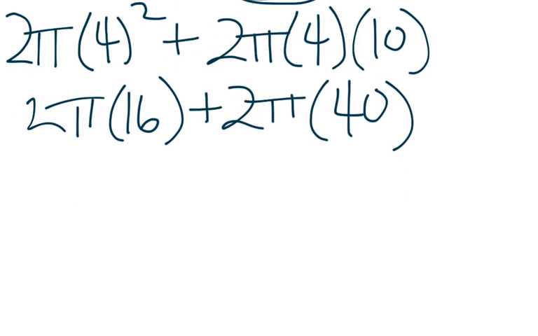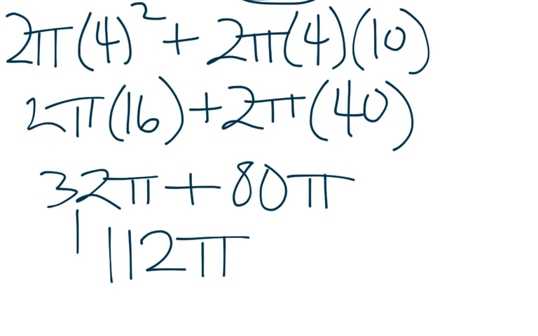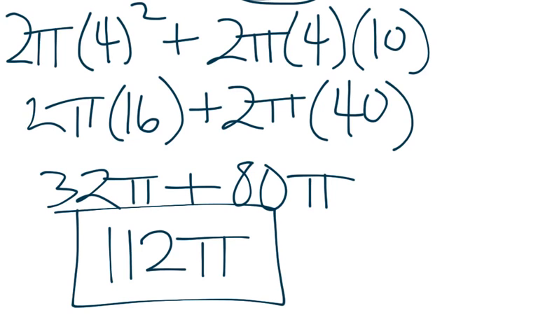So 2 times 16 is 32, so we have 32 pi, plus 2 times pi times 40, which is 80 pi. And 32 plus 80 is 112, so we have 112 pi, and that is our answer for number 7.